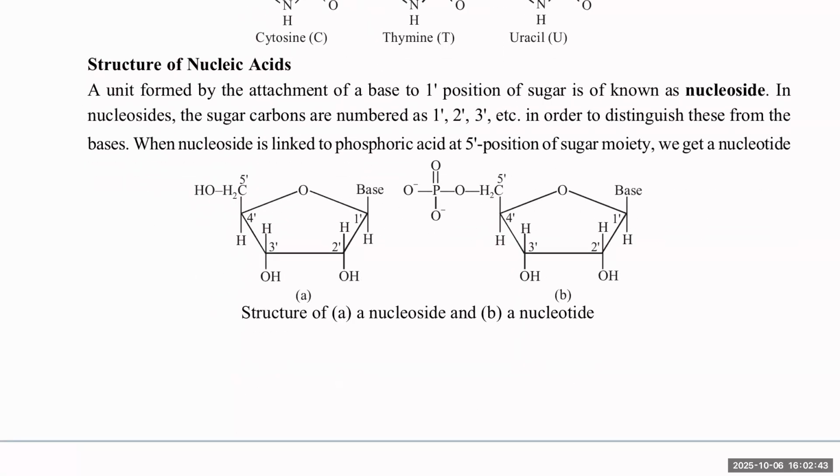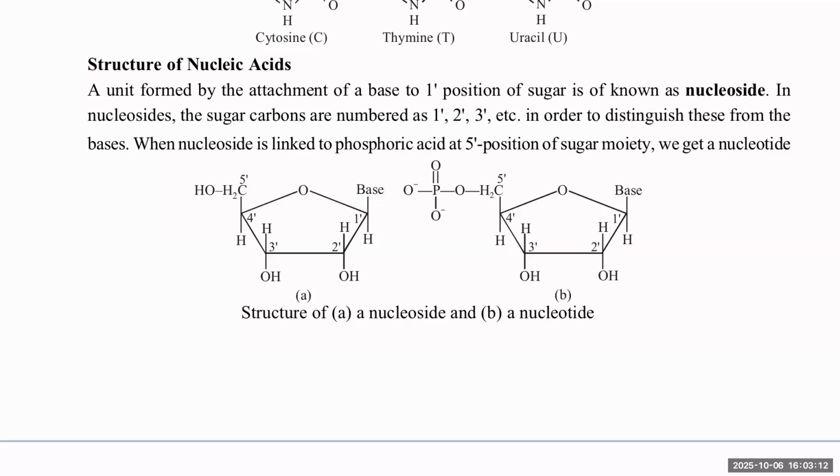Now, a unit formed by attaching the base to the sugar is called a nucleoside. Remember the meaning of it: side and tide. So this will be a nucleoside. The numbering of the sugar is made as 1 prime, 2 prime, 3 prime, 4 prime, 5 prime, so it can be distinguished from the base, which has 1, 2, 3, 4.